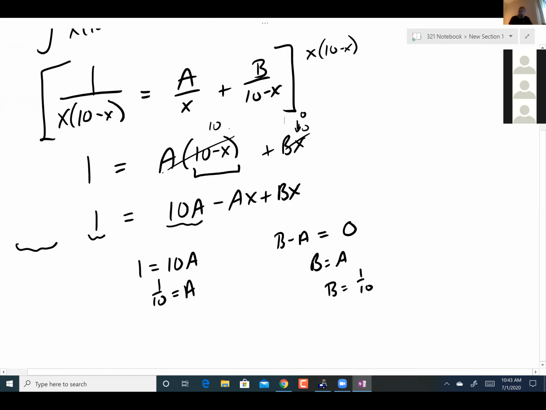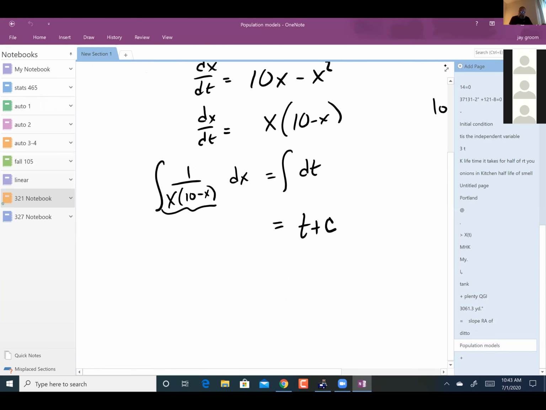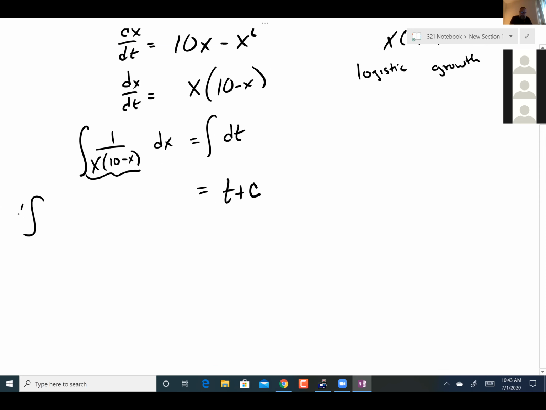Now, what do we do then? Well, if we're going to integrate this, we're going to rewrite this side as 1/10 times the integral of 1 over x dx plus 1/10 times the integral of 1 over 10 minus x dx.